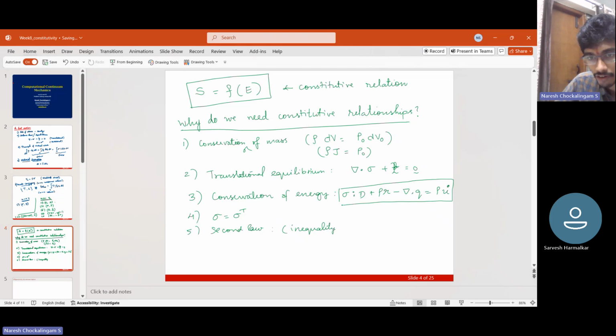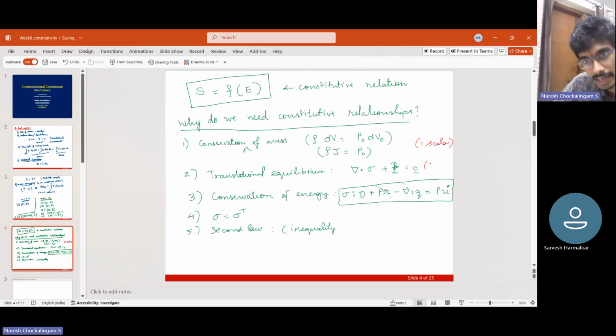For a purely mechanical system, let us discount the heat terms, so you can drop these two terms, rho R and divergence of Q. The number of equations we have to solve: the first one is one scalar equation.